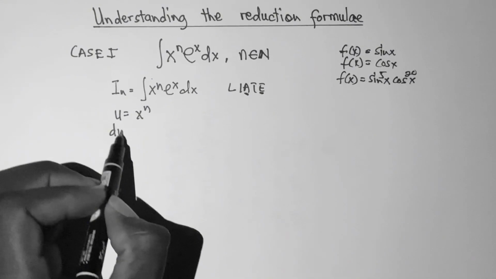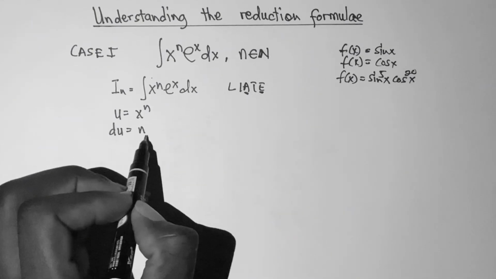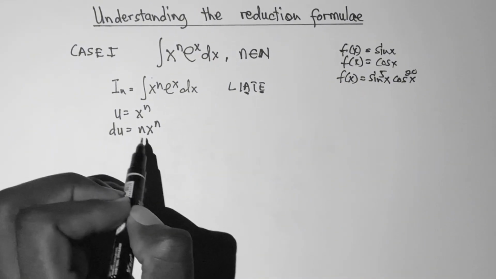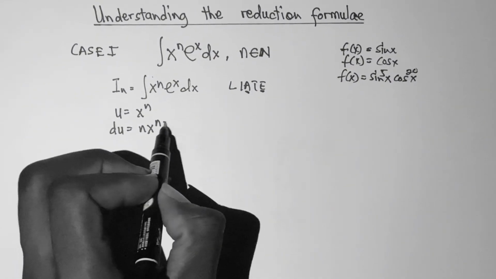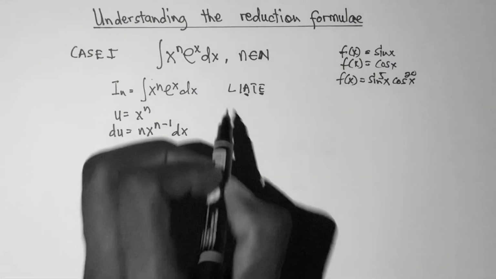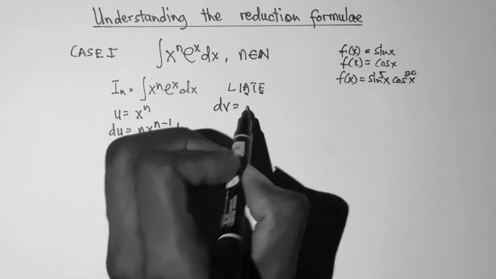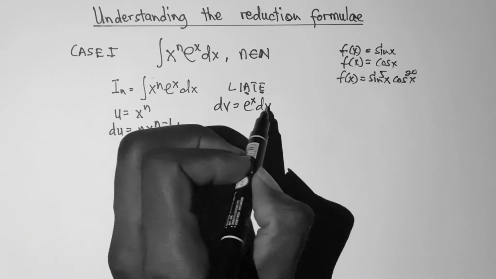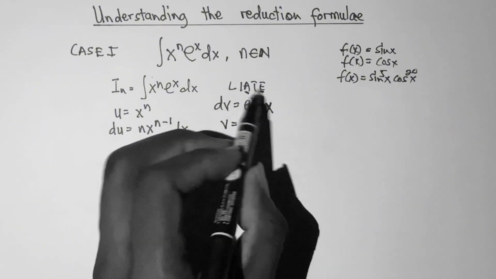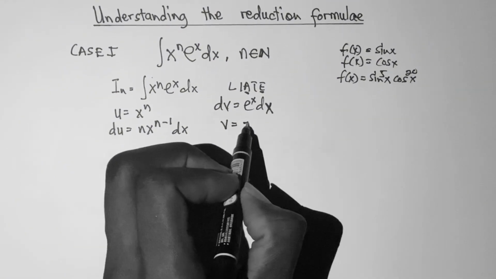So du is equal to n times x exponent n minus 1, then dx. Then we can let dv be equal to exponent x dx. If we integrate dv, we get v, and if we integrate exponent x, we are going to get exponent x again.